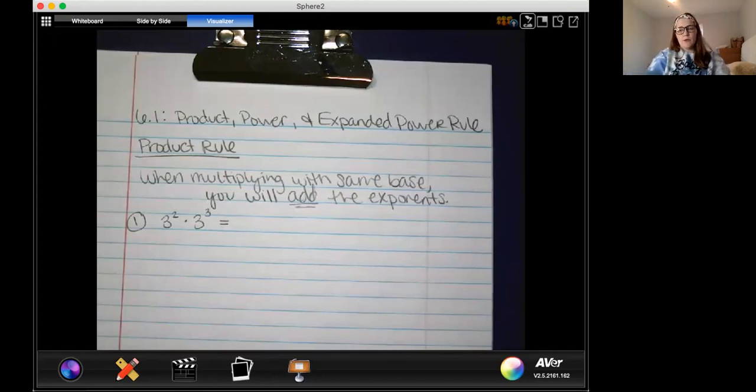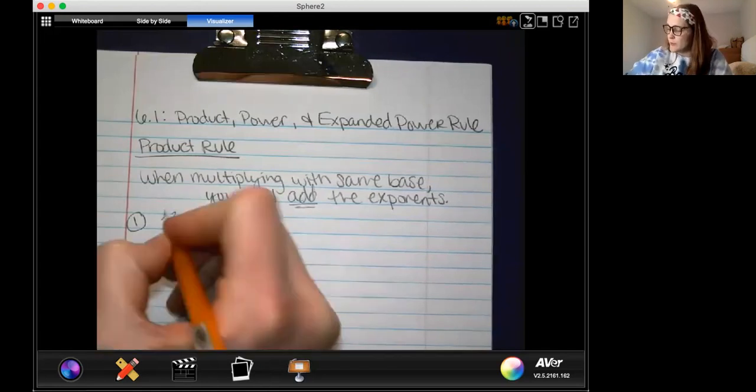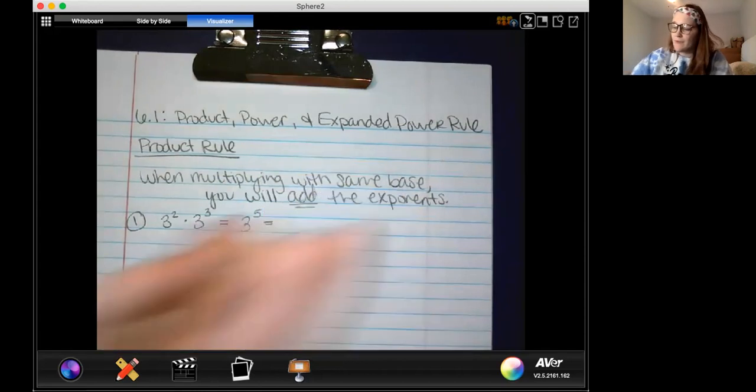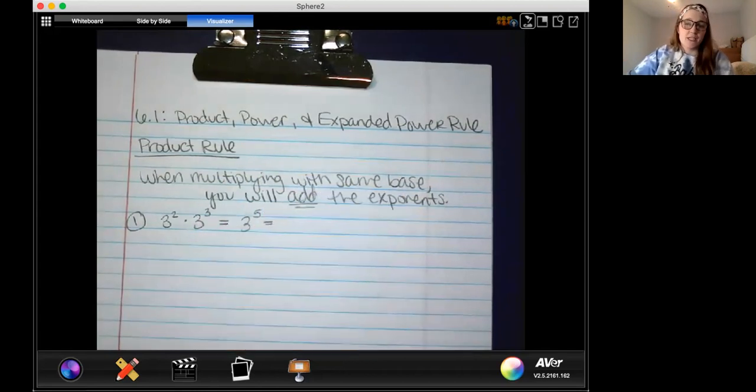Okay, so for number one, we have 3 squared times 3 cubed. So we would add the exponents. So 2 plus 3 is 5. So we would have 3 to the 5th. Now, when you have a number base, the expectation is that you simplify it to that number.